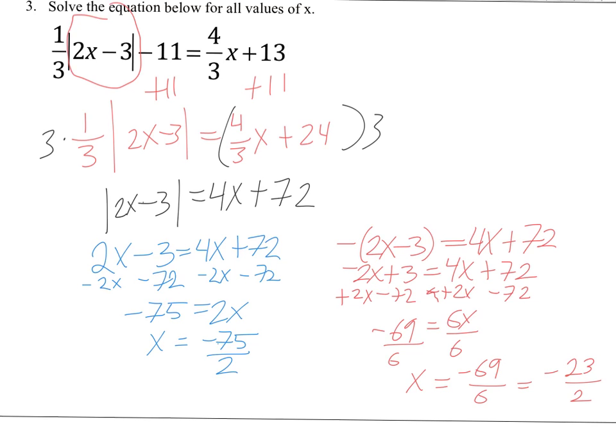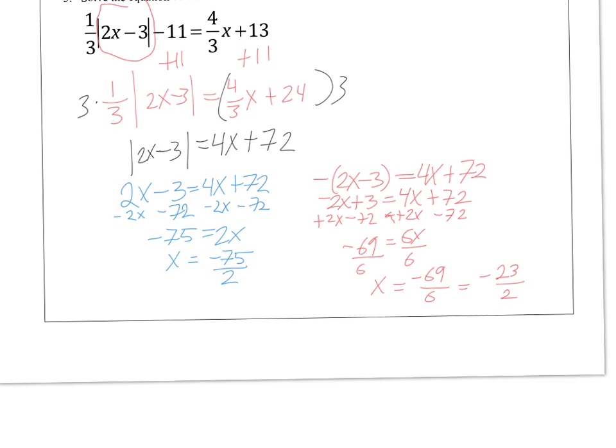Okay, last step, I've got to plug these both into my equation up above and see what happens. So that is using this guy, because that's the simpler form. I'm going to zoom out a little bit, give me some room. So the absolute value of 2 times negative 75 over 2 minus 3. So that's going to be negative 75 minus 3, an absolute value, is equal to 4x plus 72.